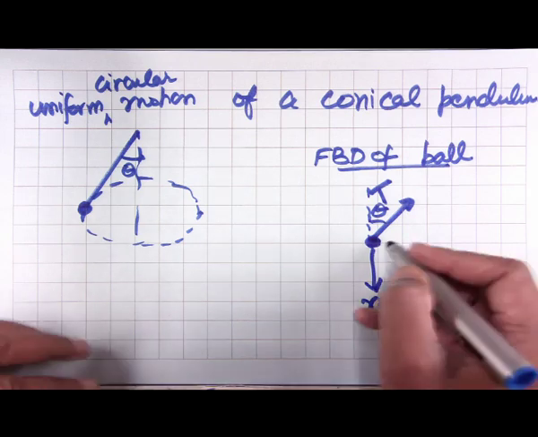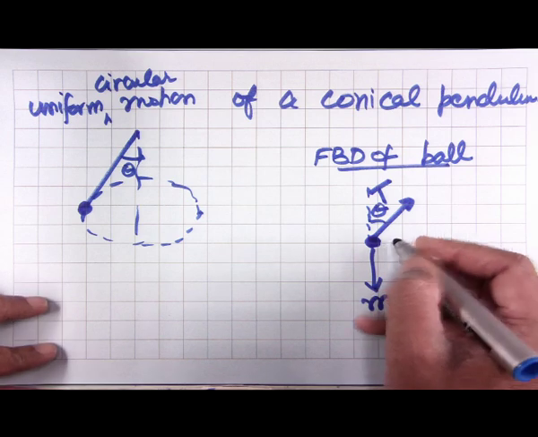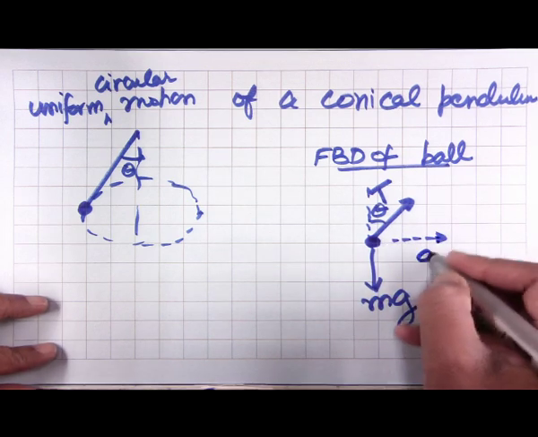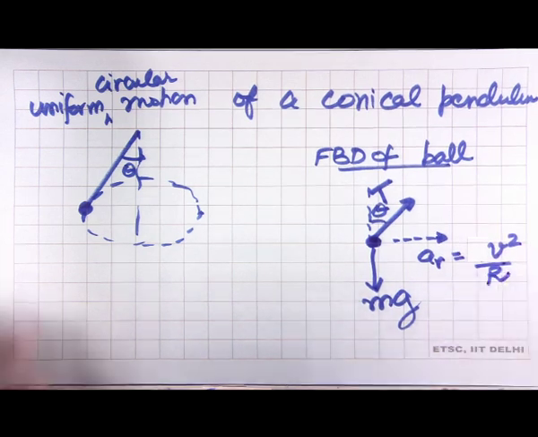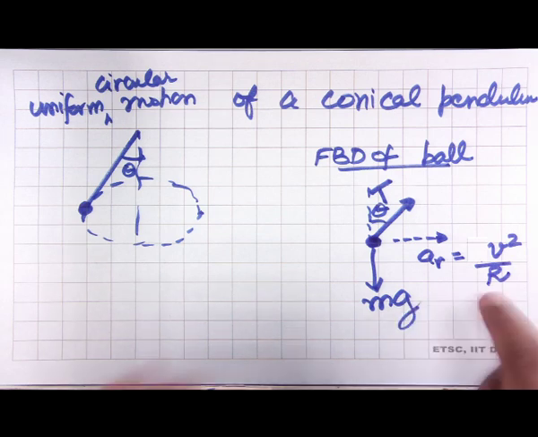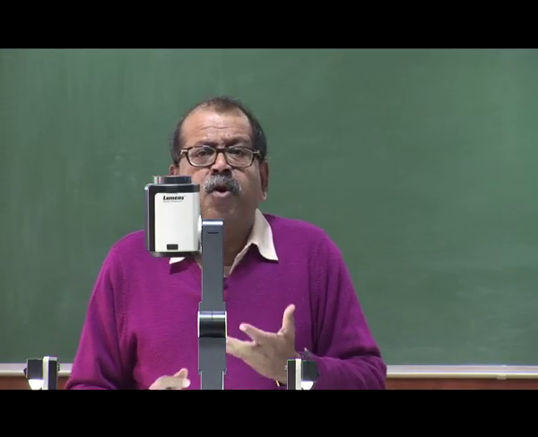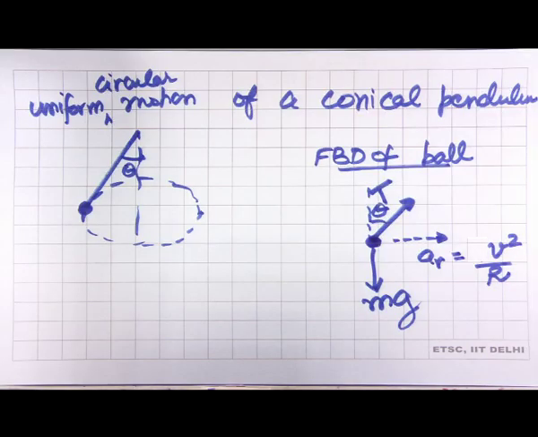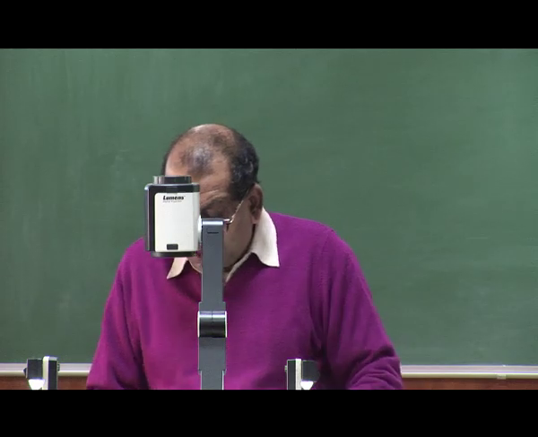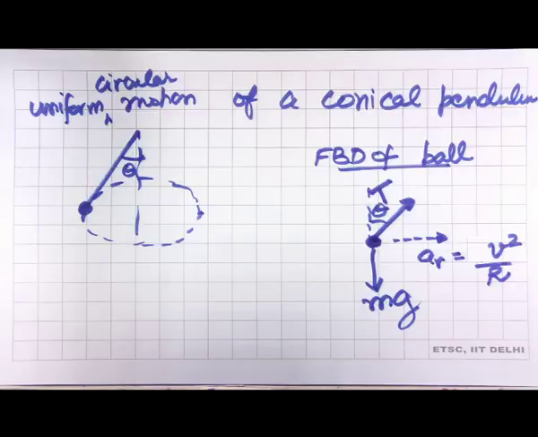Now, because the pendulum is in circular motion, it has a radial acceleration component equal to v square upon r. As I said earlier, there has to be some force to provide this acceleration, otherwise the body will not move in a circular path, and in this case it is provided by the horizontal component of T. Now let us write the equations.